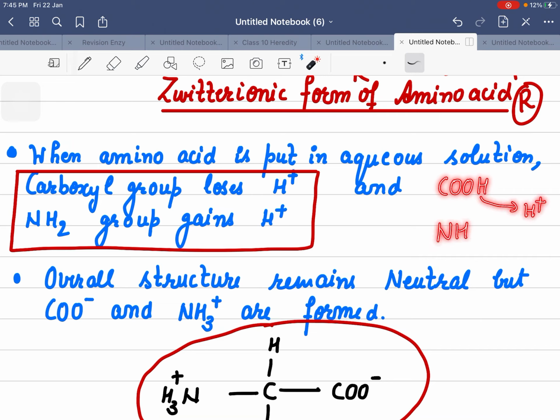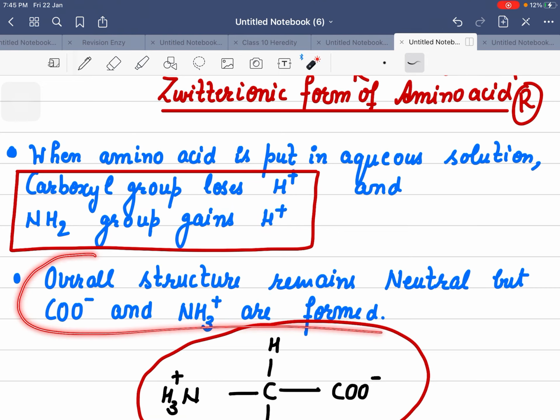And NH2 is present there, very happily ready to accept this H positive and become NH3 positive. So carboxyl loses and NH2 gains H positive.